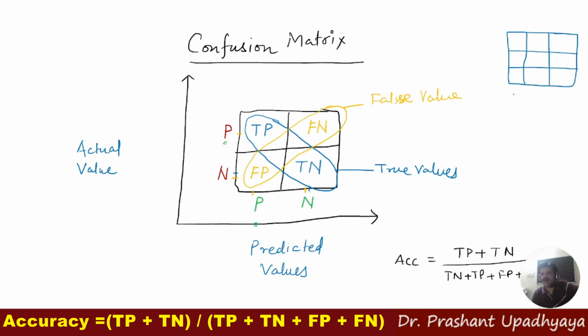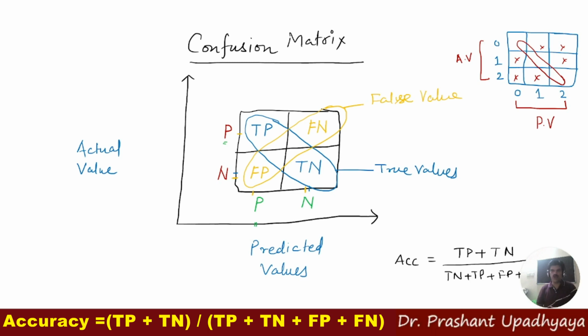So this will be my class 0, class 1, class 2, on both axes, with the actual values on one axis and the predicted values on the other. Whatever we get on the diagonal are my true values, and everywhere else will be my false values.